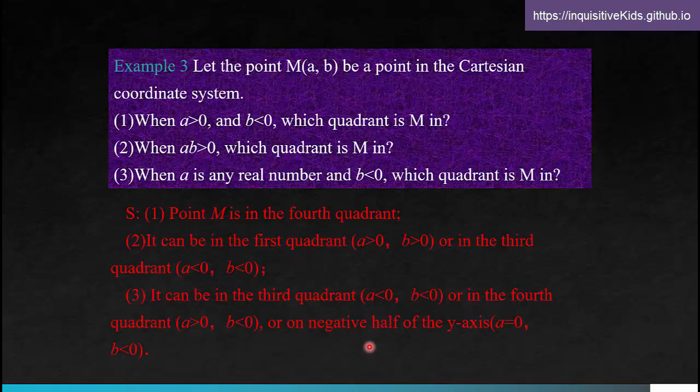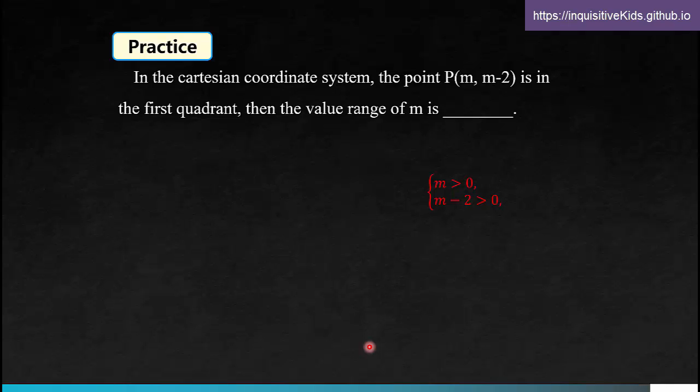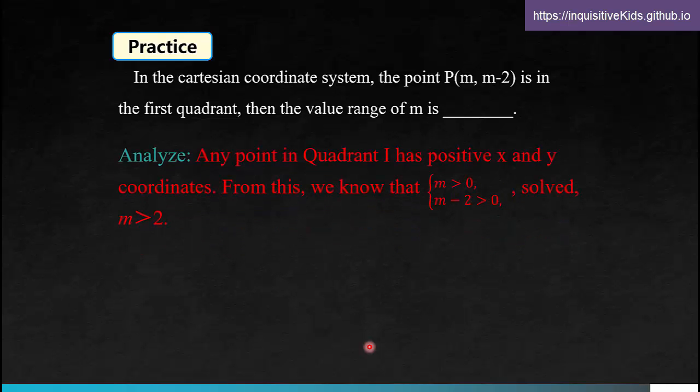0 is a very special value, and sometimes it really tricks students on exams, so you should really pay attention to that. In the Cartesian coordinate system, the point P with the coordinates m and m minus 2 is in the first quadrant. Then the value range of m is? Let's analyze. Any point in quadrant 1 has positive x and y coordinates.